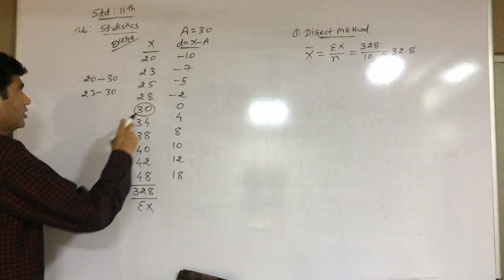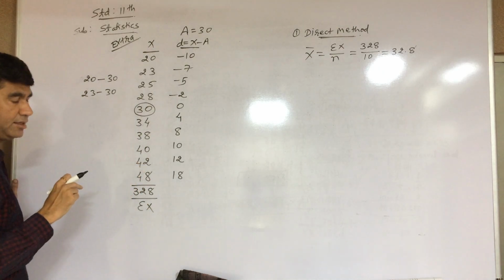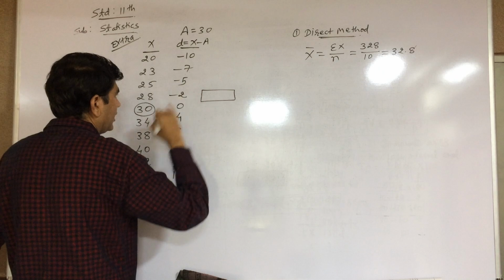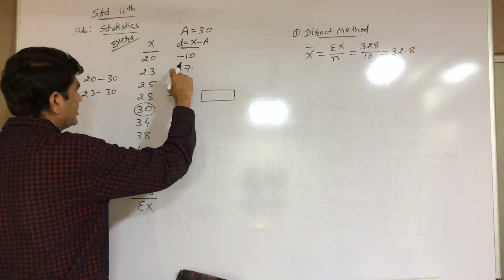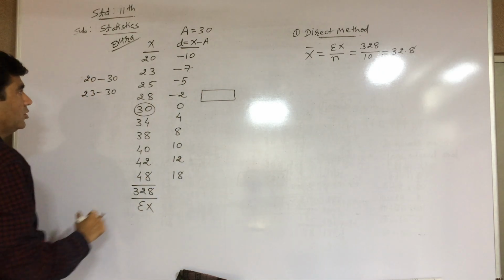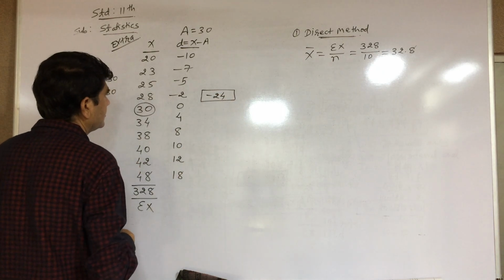Okay, now there are two types of data, positive data and negative data. So we cannot calculate directly. We have to total separately. First of all, we find total of negative data. So 10 plus 7, 17 plus 5, 22 plus 2, 24.